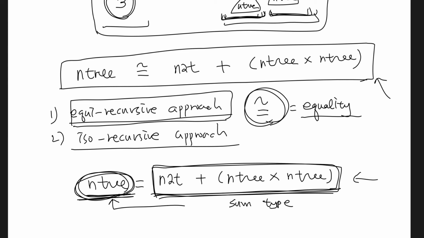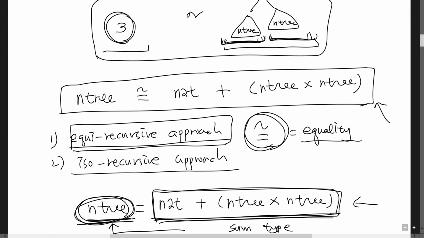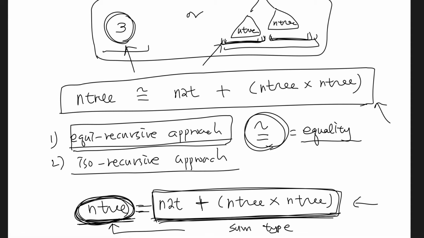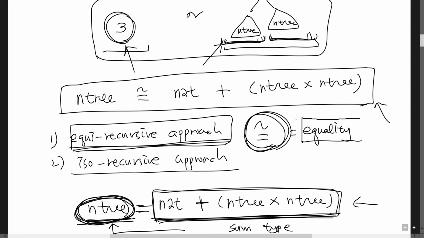So in order to see how we actually created this net3, for example, with a singleton leaf node or from a pair of child subtrees, you can directly perform case analysis because this net3 is equal to this sum type. So that's the idea behind the equi-recursive approach, where we read this symbol as literally equality.